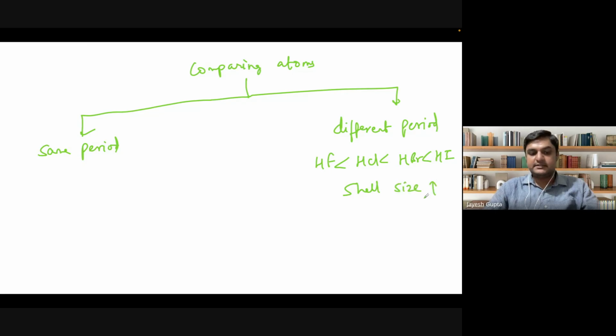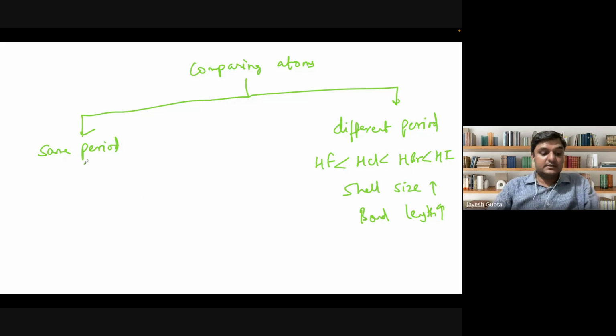Cell size increases, bond length increases in this way. But the question will not be asked this way because a complex question cannot be made on this concept. It is very easy, not so tough.